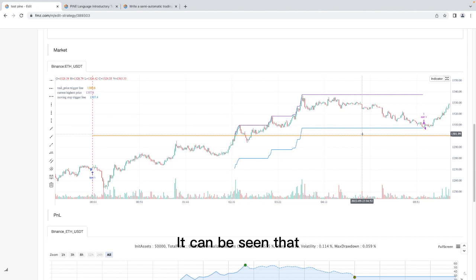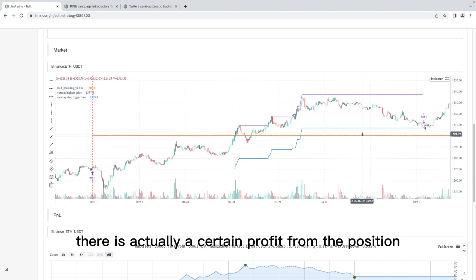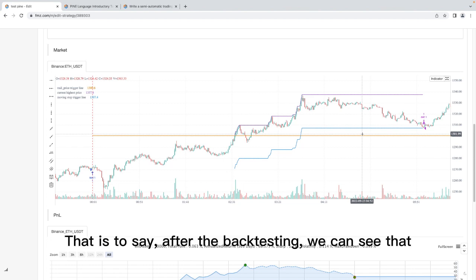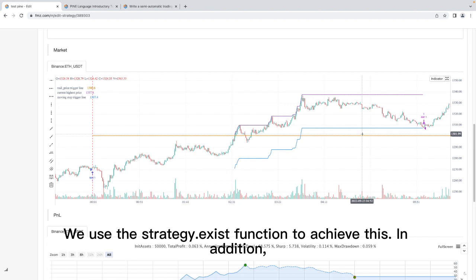It can be seen that when the profit stop operation is triggered, there is actually a certain profit from the position where the position is opened. That is to say, after the backtesting, we can see that the operation is profitable. This is a simple function for tracking stop profit and stop loss. We use the strategy.exit function to achieve this.